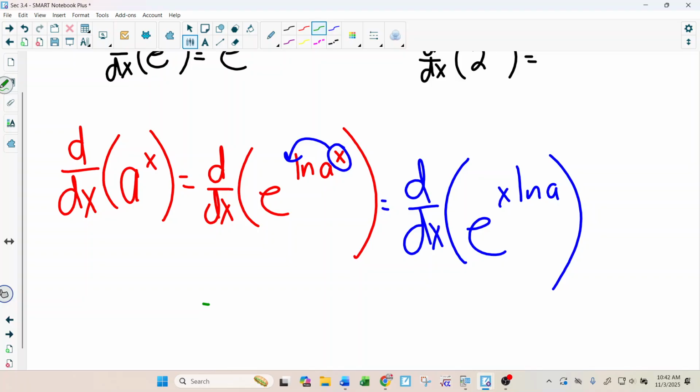It's just from the previous page: e to that junk times the derivative of the junk. Well, what's the derivative of that exponent? Isn't that just some number times x? What's the derivative of 2x? 2. What's the derivative of negative 7x? Negative 7. So what's the derivative of natural log of a times x? Natural log of a.